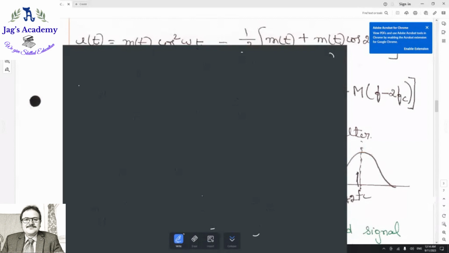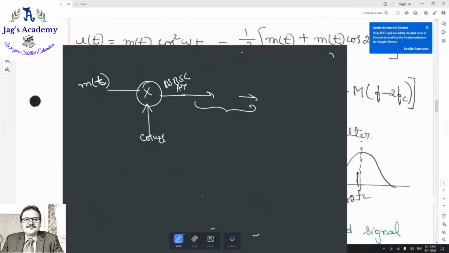You have a message signal m of t. Multiply it with the carrier signal cos omega ct, and you get here the double sideband suppressed carrier AM wave. After that this is transmitted and once again multiply it with the same carrier signal cos omega ct.